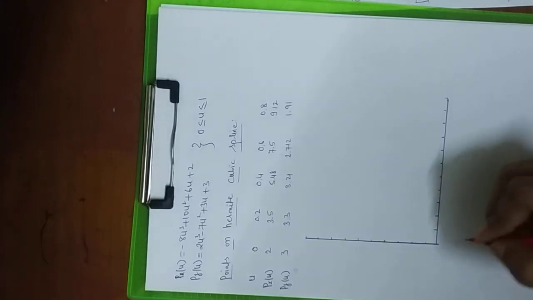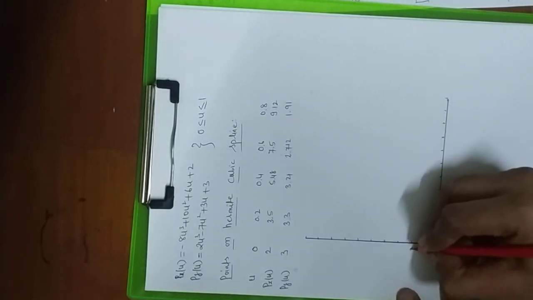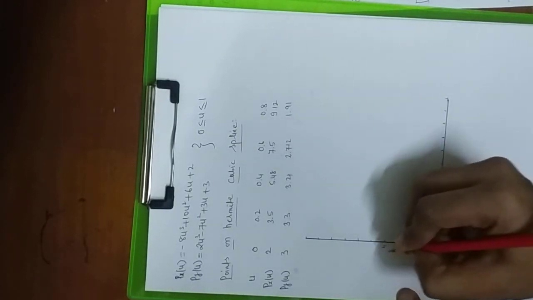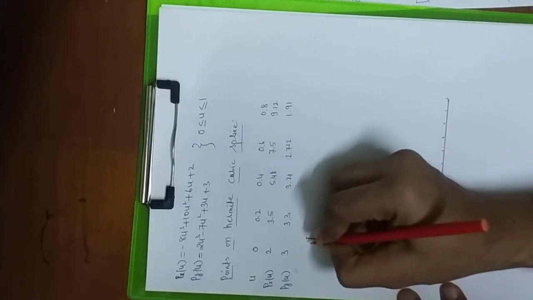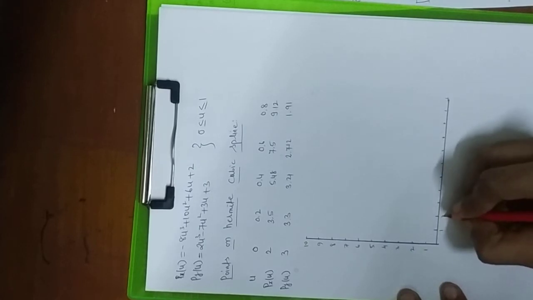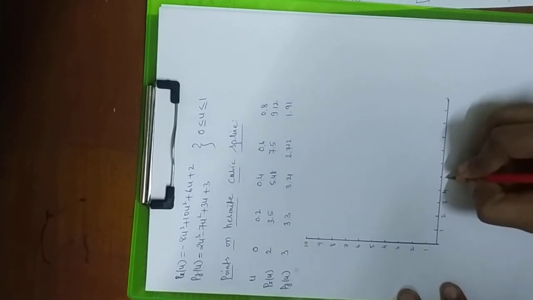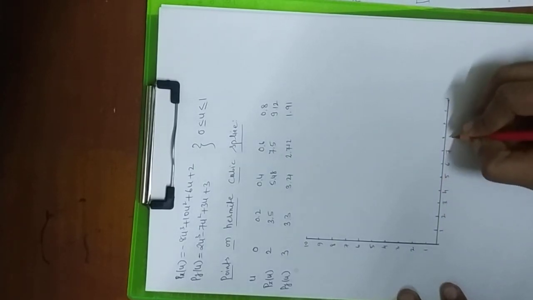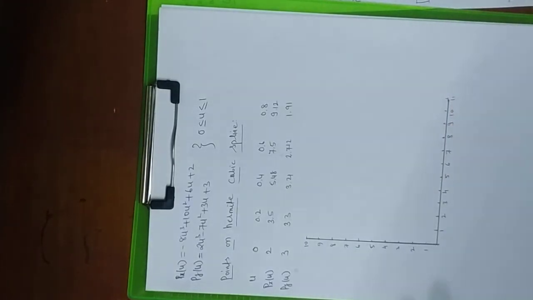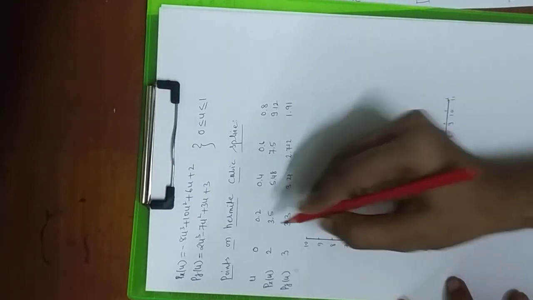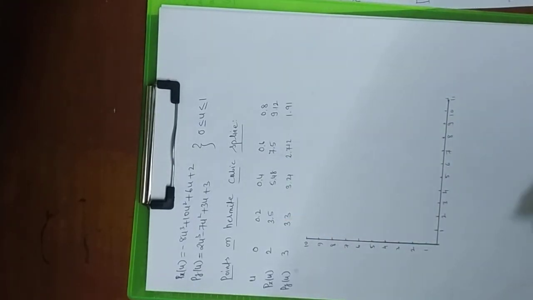Okay, now here we are having the values 1 to 10, and 1 to 11. The first point I am going to locate on the graph is 3.5 and 3.3.